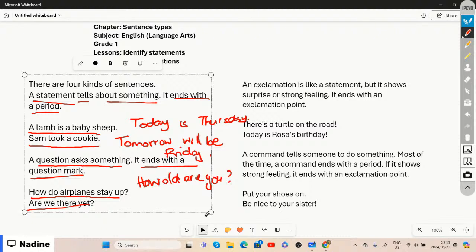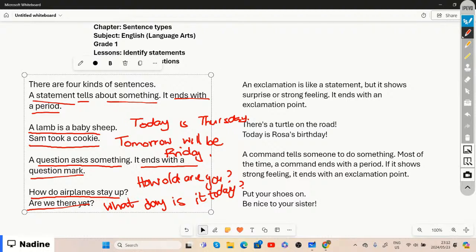Another example of a question is, where are you going? Or let's say, what day is it today? Today is Thursday. So that is examples of questions.